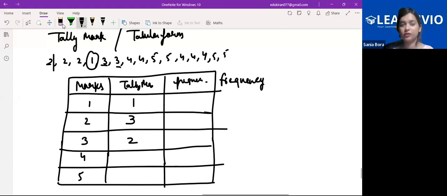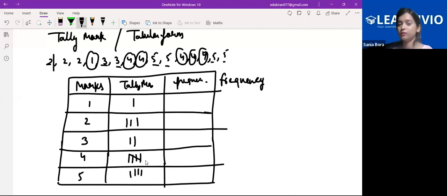Now write it in tally marks: 1, 2, 3, 4, 5, and then we cross it. Then here the frequencies are 1, 3, 2, 2, 5, 5 and 4.